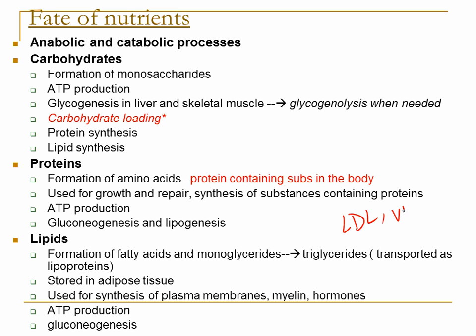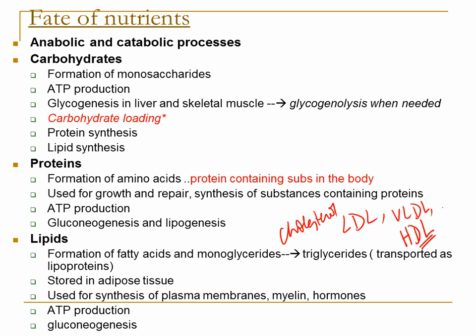Then you have VLDL, very low density lipoproteins, and you have high density lipoproteins. High density lipoproteins are the good fat, as we say. And then we also have cholesterol. All these are carried bound to proteins, so they're carried as lipoproteins and taken to different areas of the body.